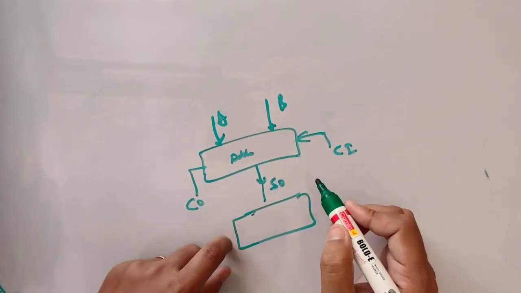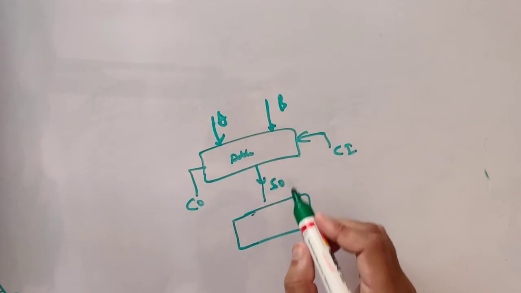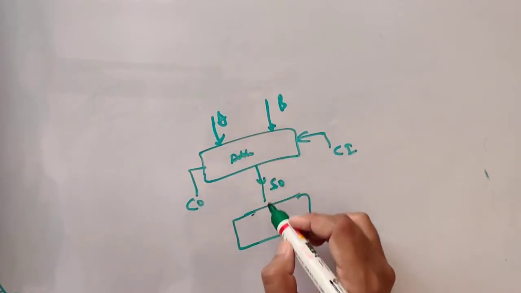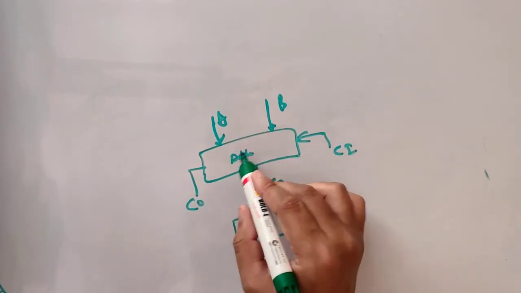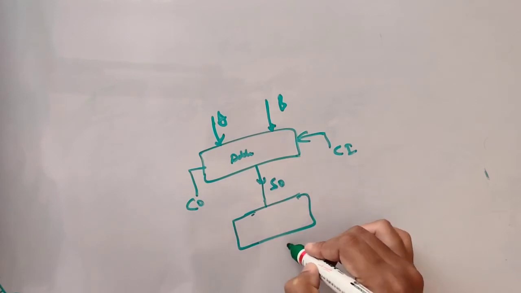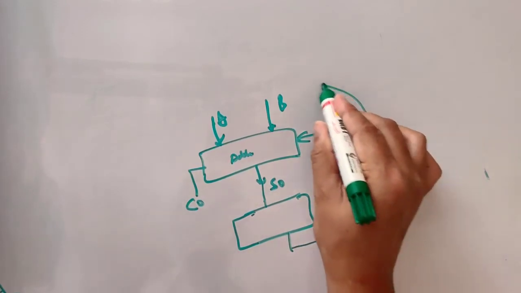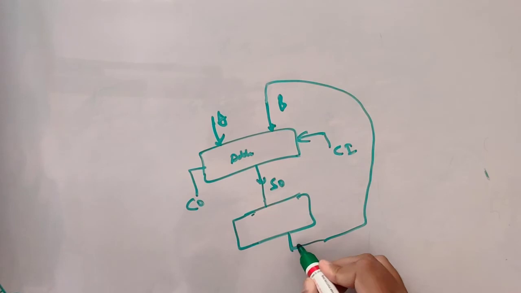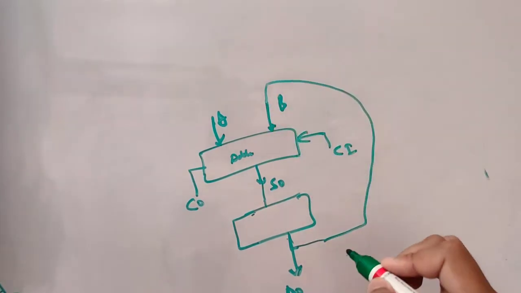If I talk about the very first thing, 0 plus whatever the output, it would be stored and it would go back as another input. Okay, this is what I want. This is the output, but it also gets stored as a form of B.